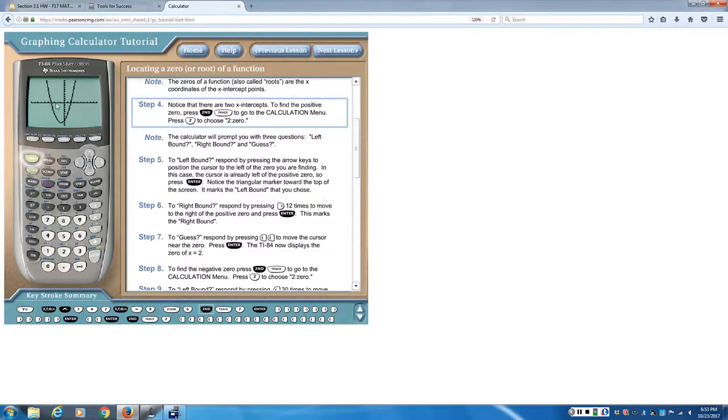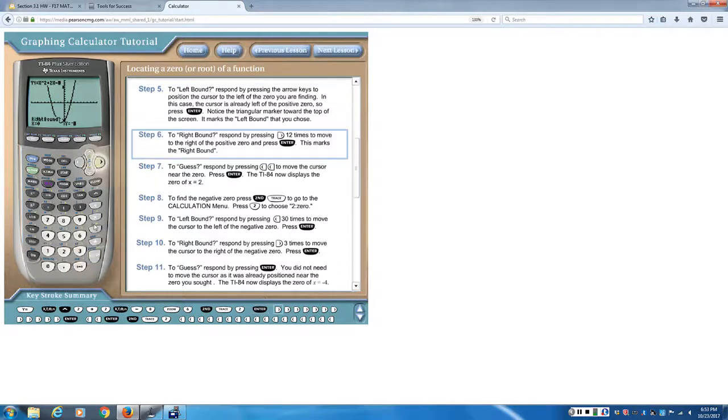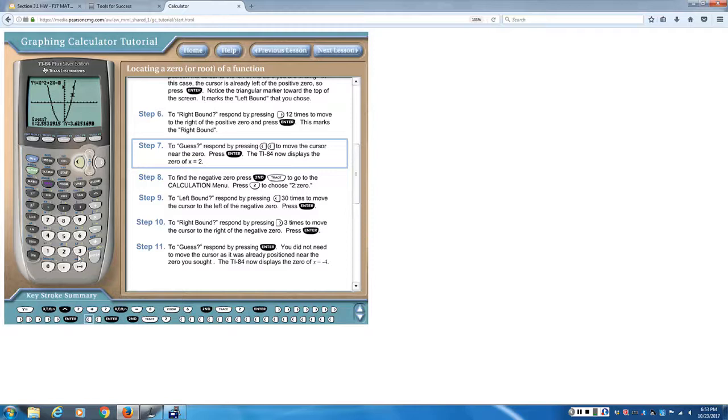So if I want to find the x-intercepts, it says press your second and your trace button. Choose the second thing, which is your 0. Since I want to find this one, and I'm to the left of it right now, I'm just going to press enter. Then I keep pressing my right arrow until I move above it and press enter. And then press enter a third time.